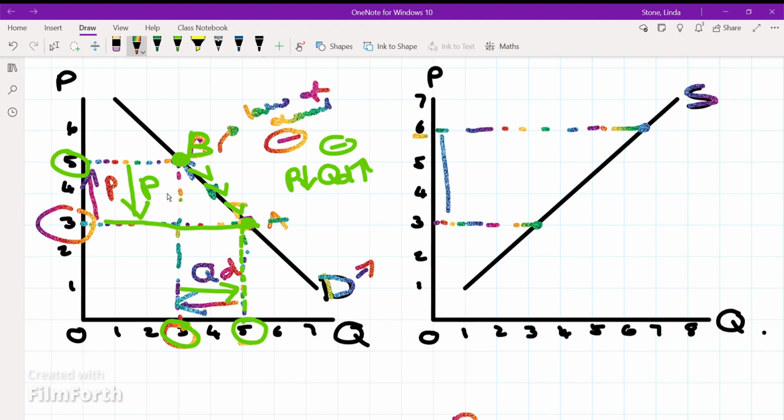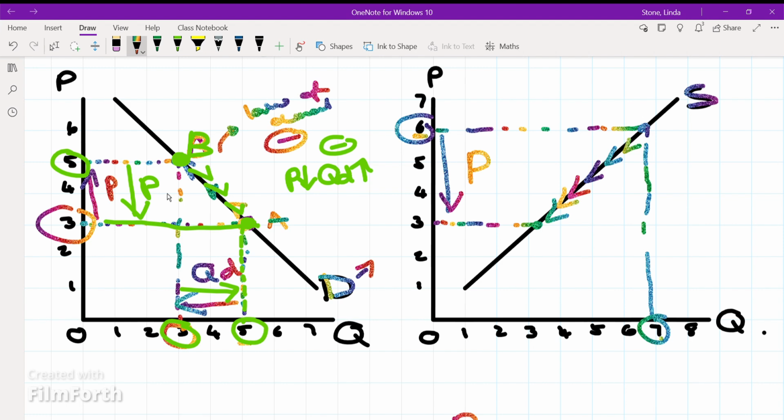This means we have a fall in the price, and this causes us to have a movement along the curve. So we initially at 6 Rand, my firms were willing and able to supply 7 chickens.